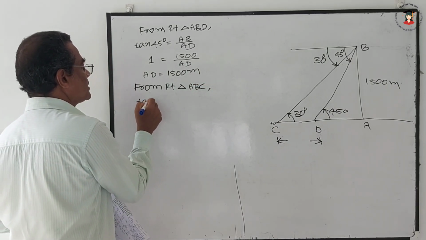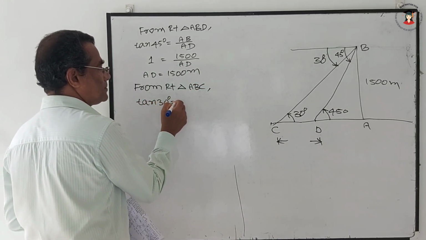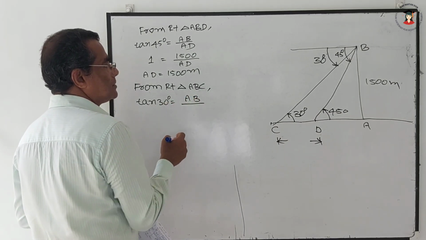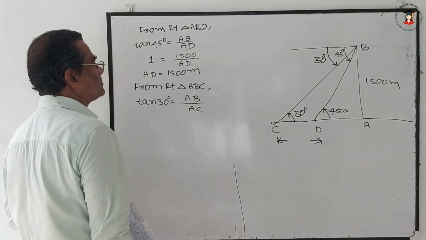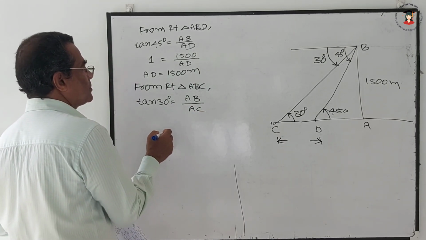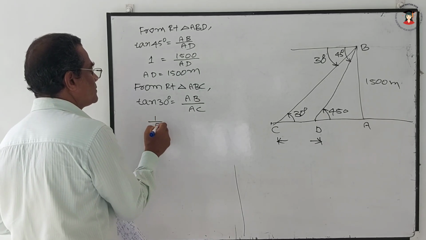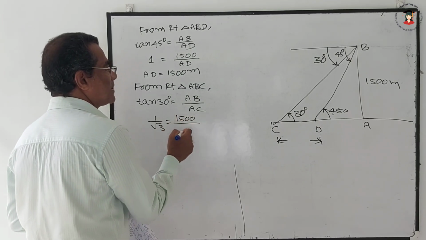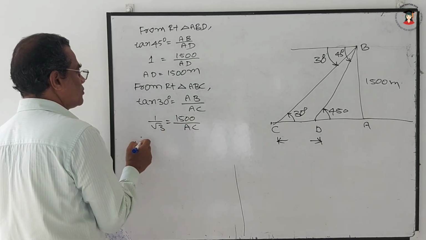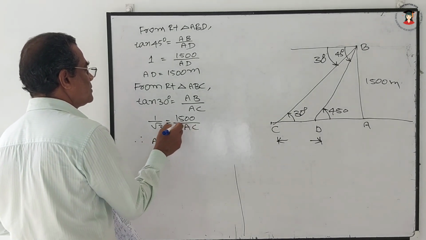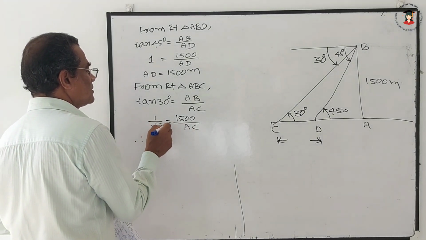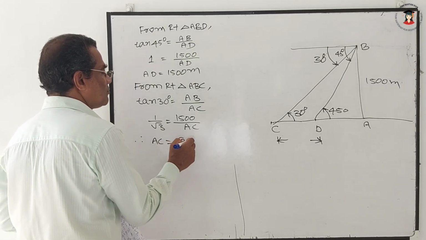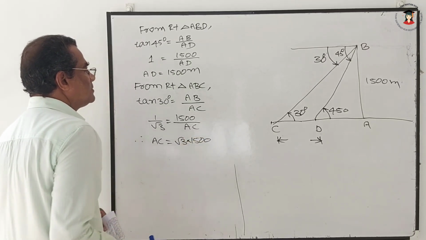From that, tan 30 equals AB by AC. Tan 30 is 1 by root 3, equal to AB, which is 1500, divided by AC. Therefore, AC equals, bringing this here, root 3 will come here, root 3 into 1500.